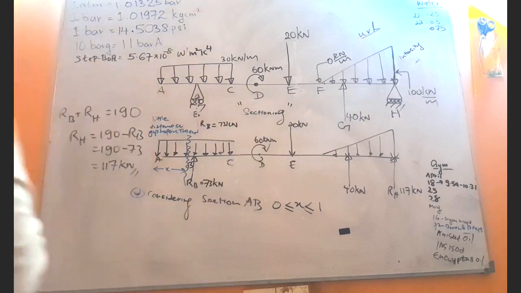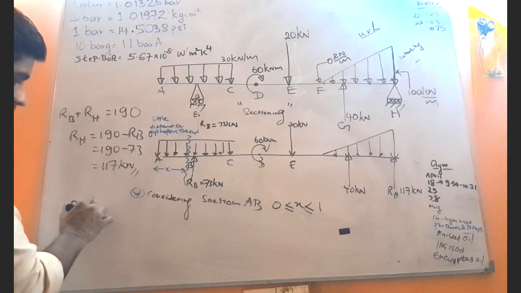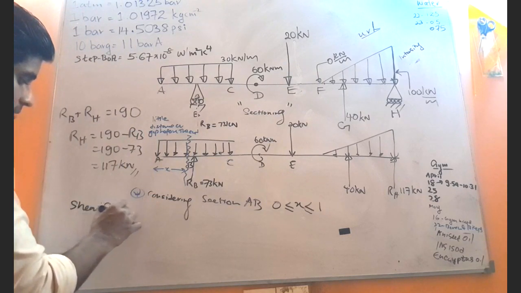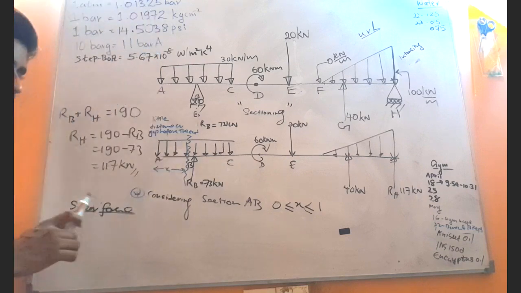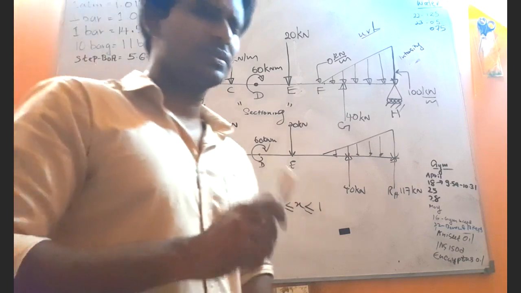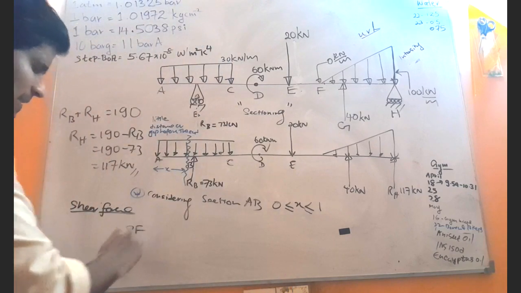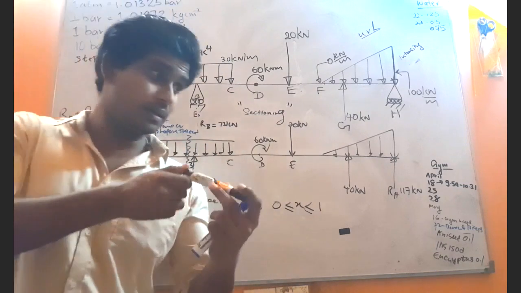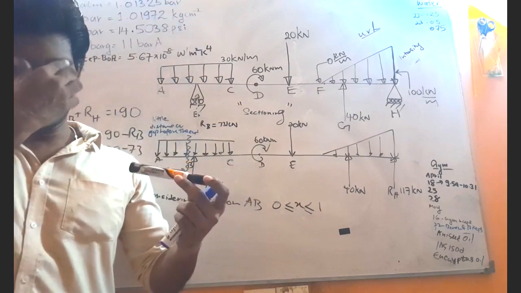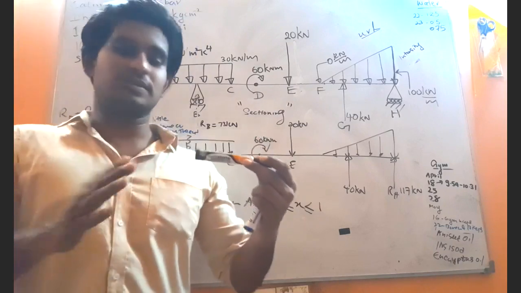Now the most important part. Now we are going to consider shear force. We are going to write shear force equations for the section AB, right? In shear force there is a very important part. Let's consider this beam. When considering shear force there is a direction.